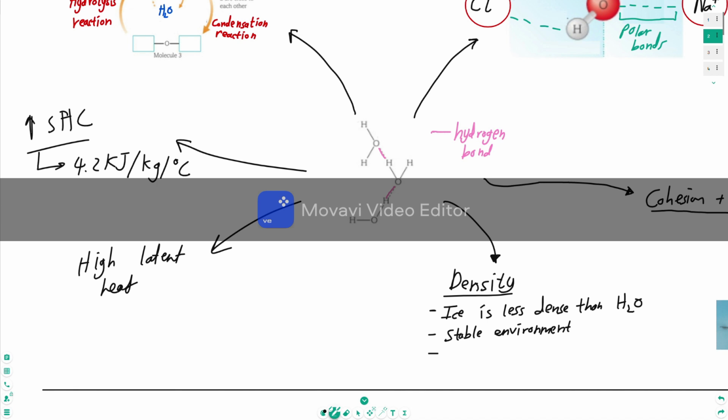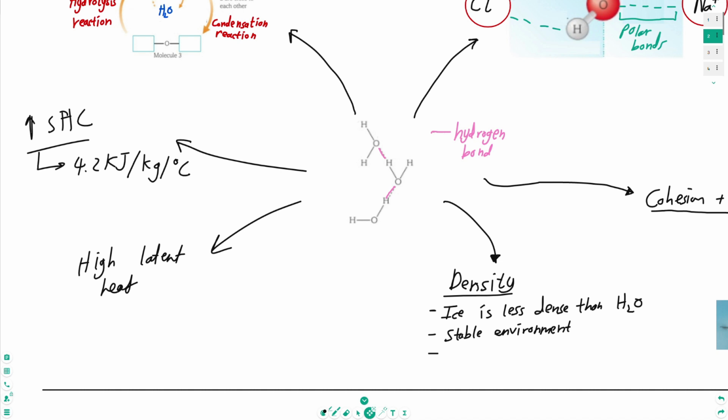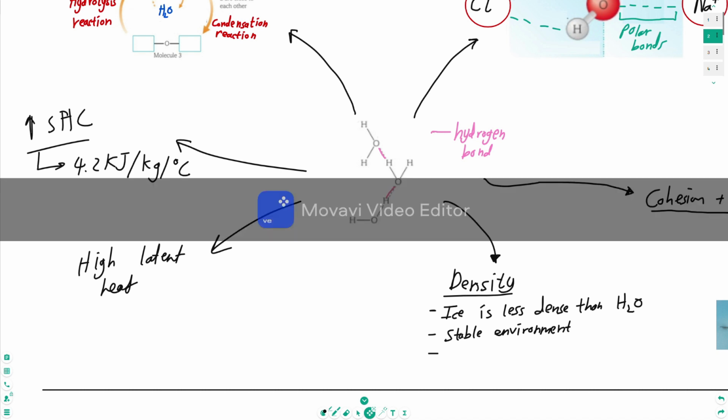And that's basically all you need to know about water. If you need any more information than what I just said, please look at pages 52 and 53. Pages 52 and 53 give a detailed analysis of the properties of water, I guess. Okay, so that's water.